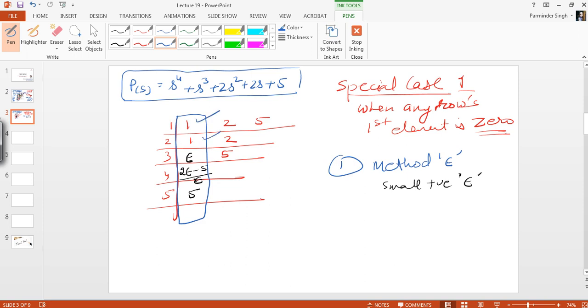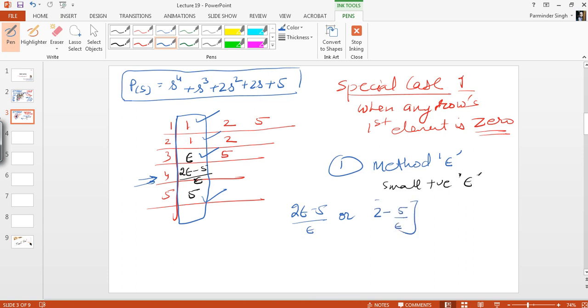Positive, positive. 5 is positive. I've said this is a small positive number. This is positive. Now this entry is doubtful. That is 2 epsilon minus 5 over epsilon, or we can write it as 2 minus 5 by epsilon.